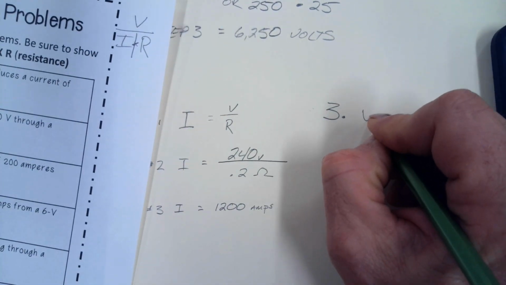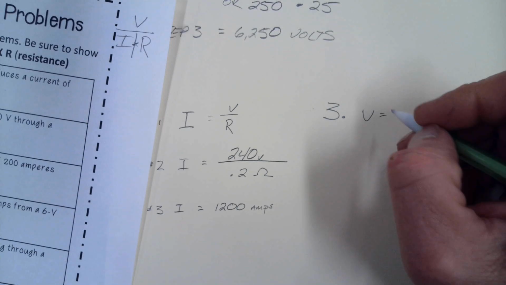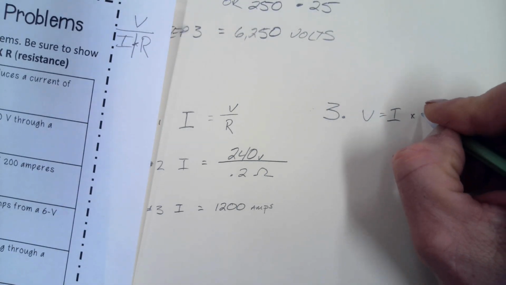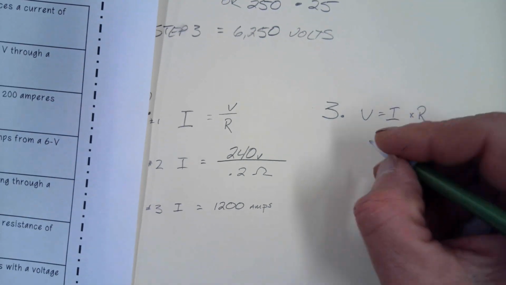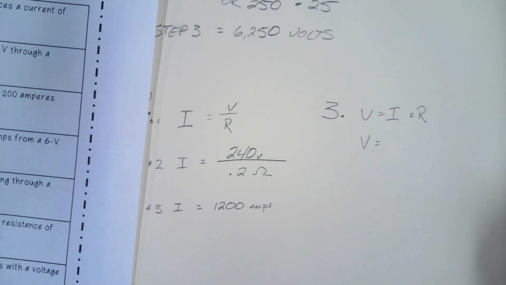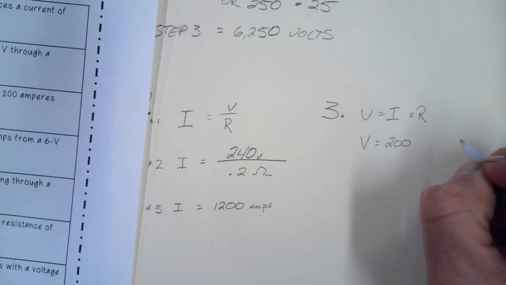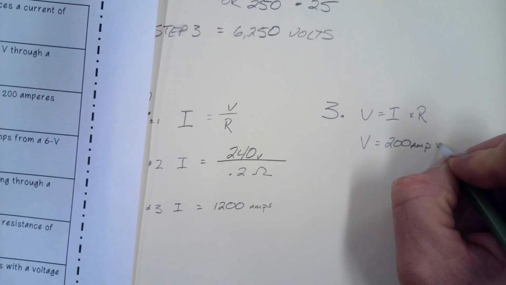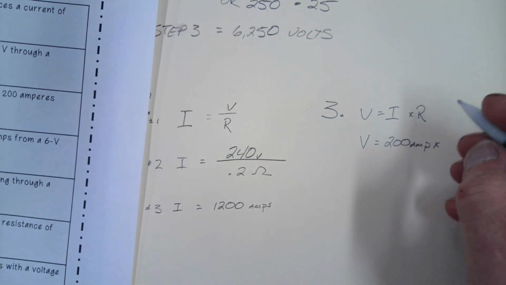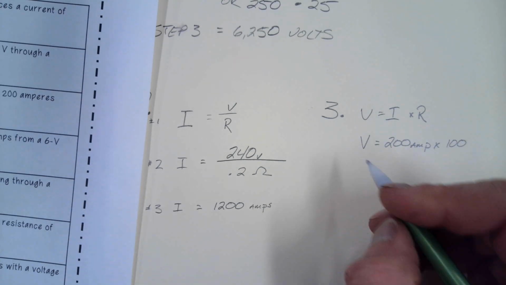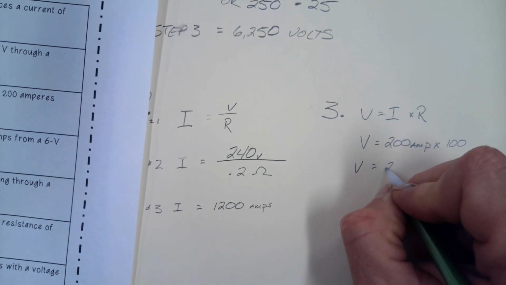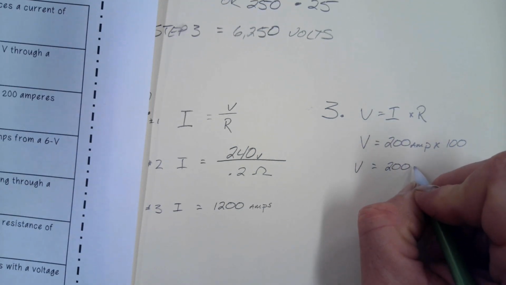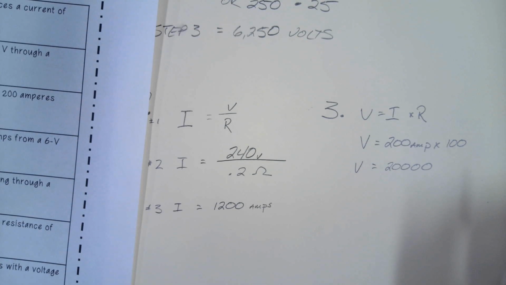So, volts equals amps times resistance. 200,000, right?